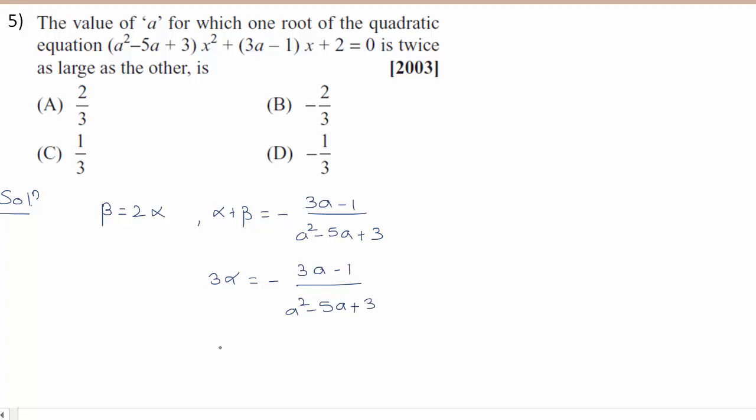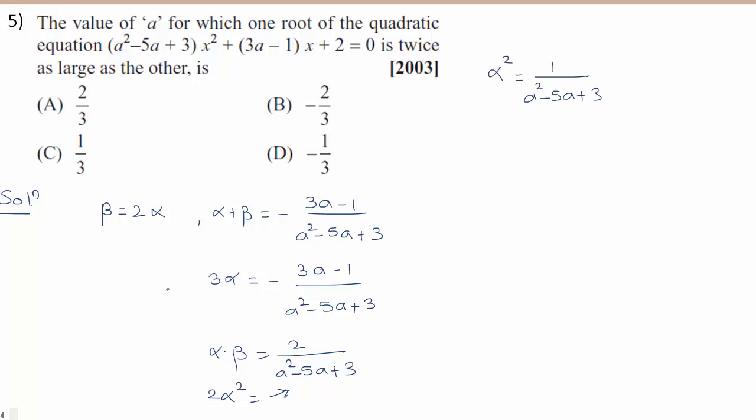Similarly, alpha into beta is 2 upon a square minus 5a plus 3. When we put beta as 2 alpha, it will become 2 alpha square equals to this quantity. So we can write alpha square as 1 upon a square minus 5a plus 3.